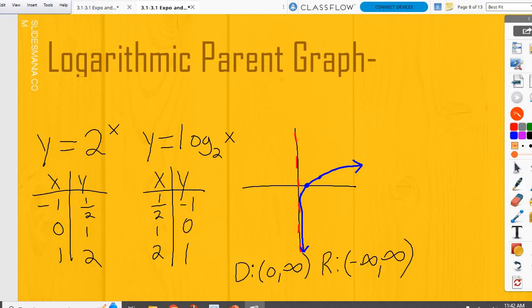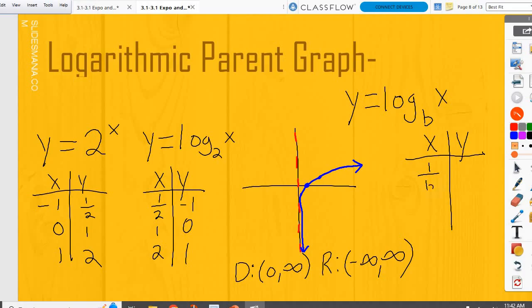And again, just like before, we could technically make this generalized with any base. So it's going to be 1 over b, -1. 1, 0 will always be the same, and then b, comma, 1.